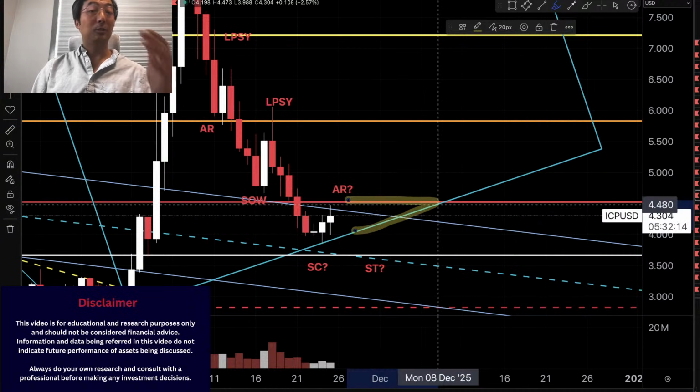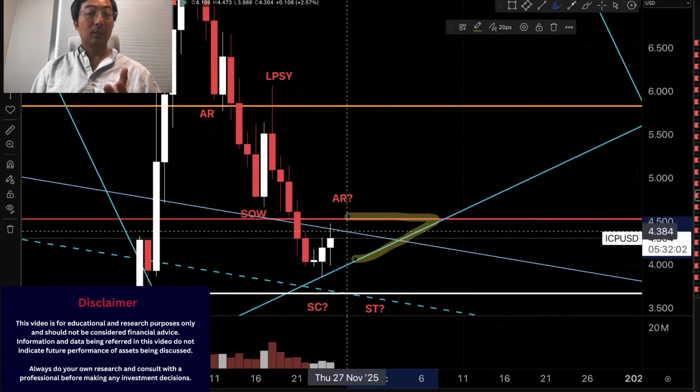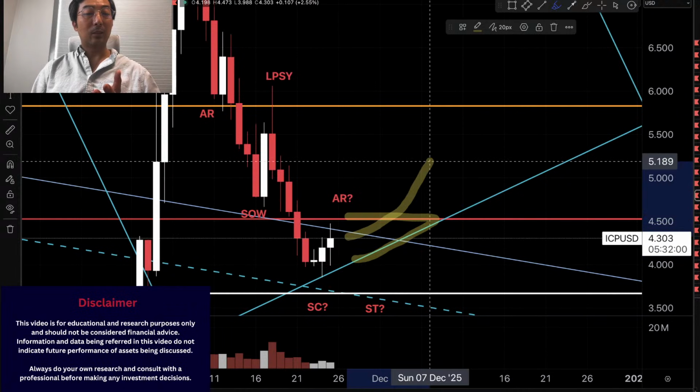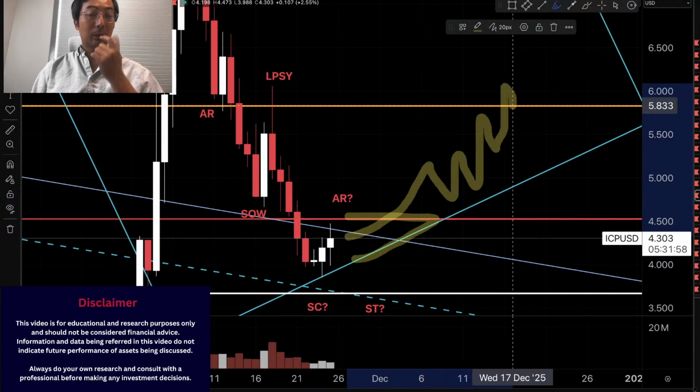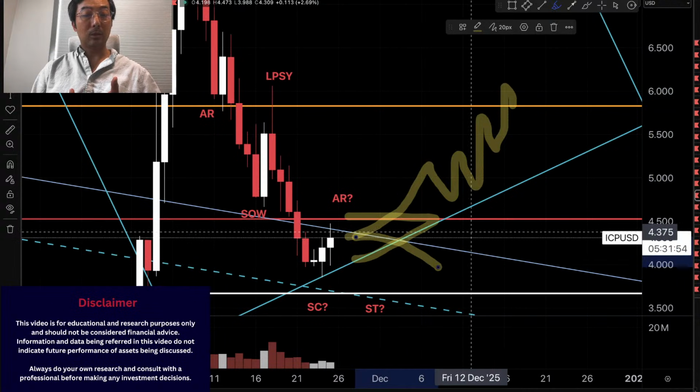By then, if you have been with me for a while, you already know that by the end of this month up till the first week of December, there's a decision point or trend change indicator showing us whether it is going to the upside, continuing with this uptrend, or going to break this channel box, which confirms that this channel box is not relevant.